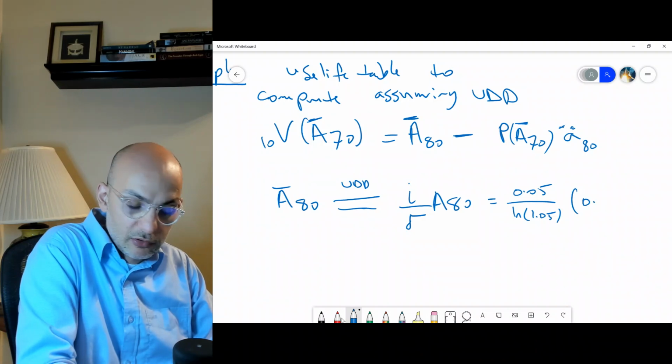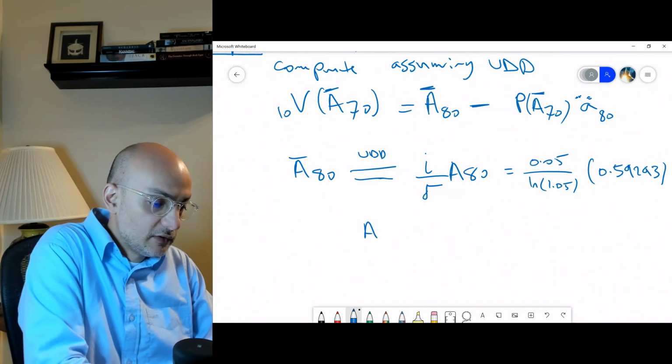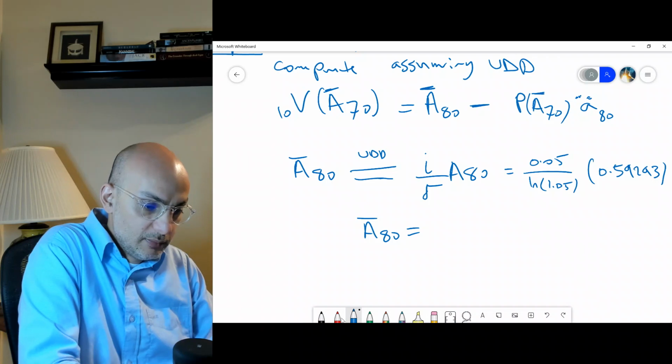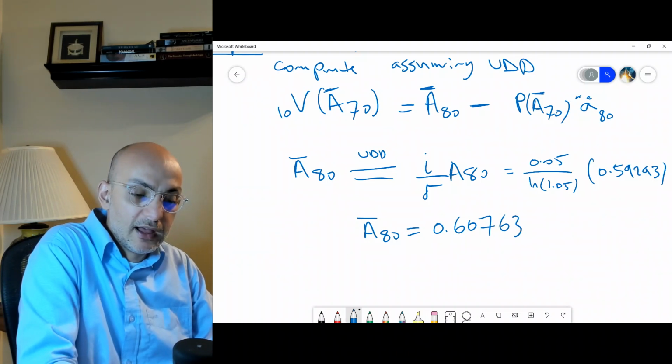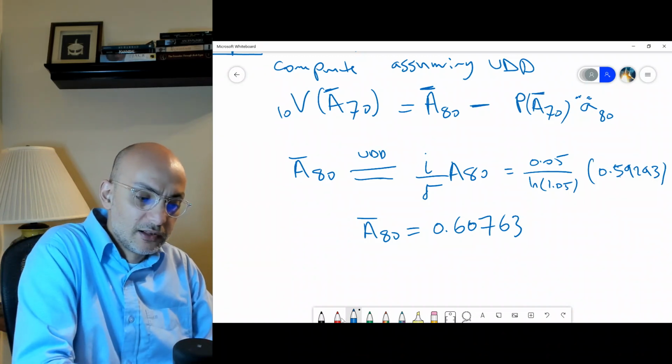If you go back to your notes, 0.59293, then this one will give us the continuous A80 to be a little bit different because of this factor, 0.60763. See, it's bigger than the discrete, because in the discrete case you have to wait until the end of the year to collect the benefit, but this one you get right away, so it's bigger because it's closer to the time of evaluation.